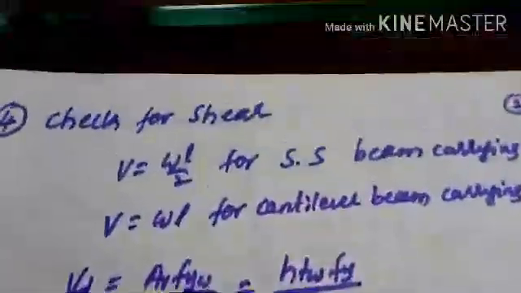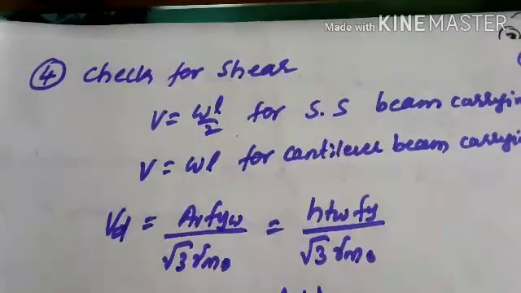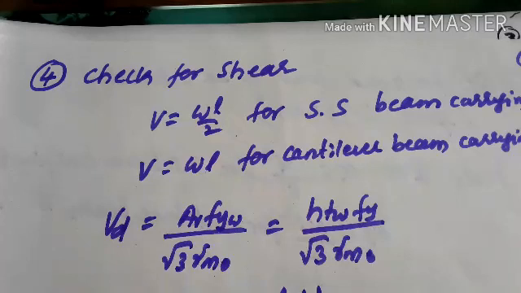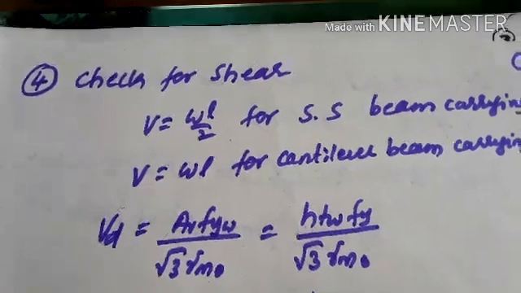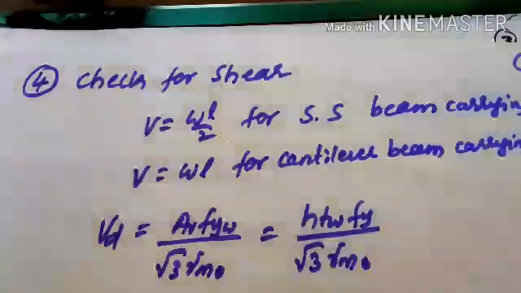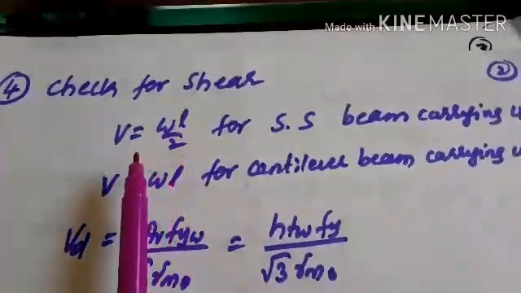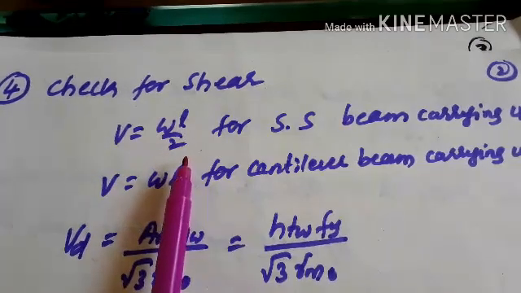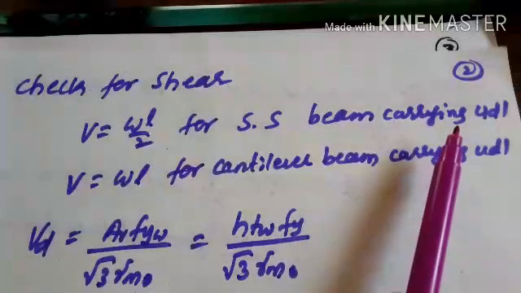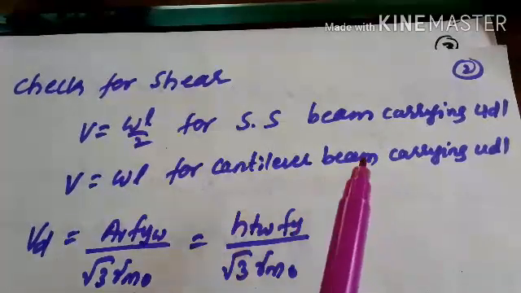Then the next step for the low shear case is to check for shear. V equals WL by 2 for a simply supported beam carrying UDL, and V equals WL for a cantilever beam carrying UDL.